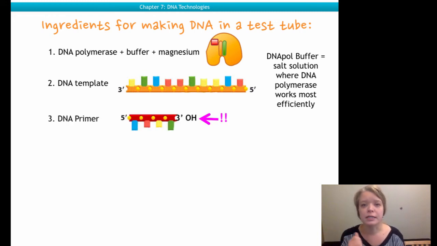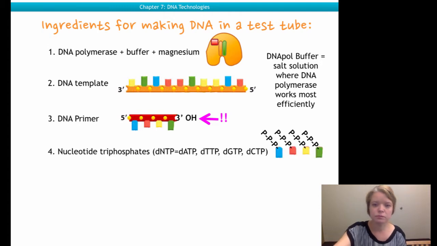You also need a DNA primer that will bind to your DNA template and provide the DNA polymerase a binding area from which it can elongate the new DNA strand. It has to have an intact 3' OH group. That's very important because the 3' OH is critical for the DNA polymerization reaction.